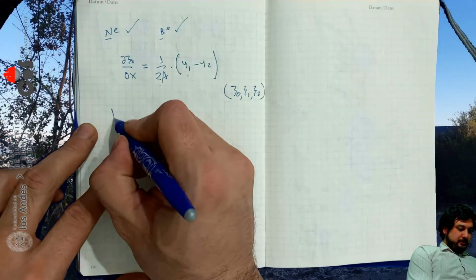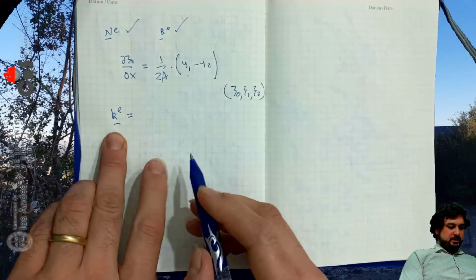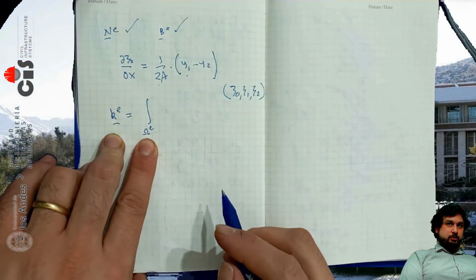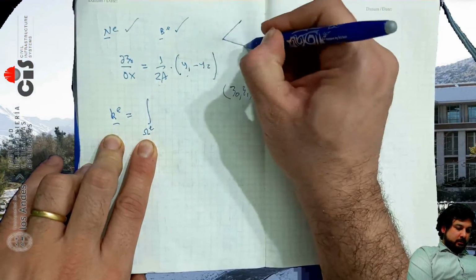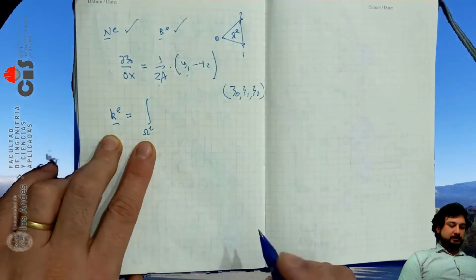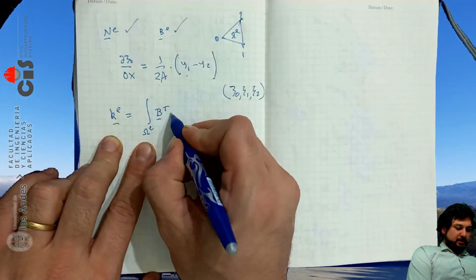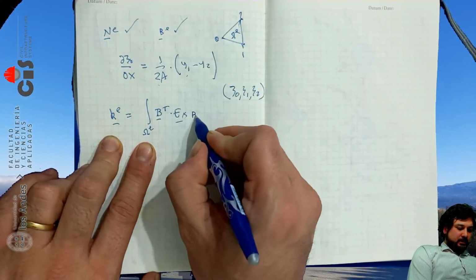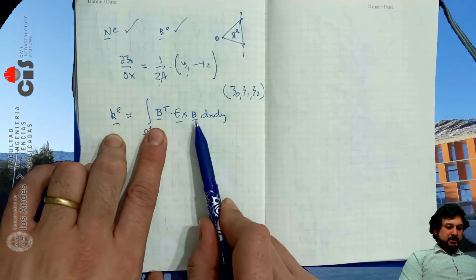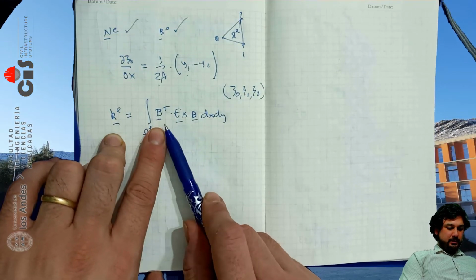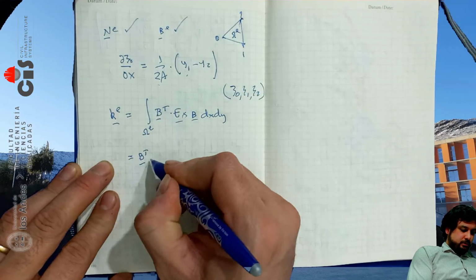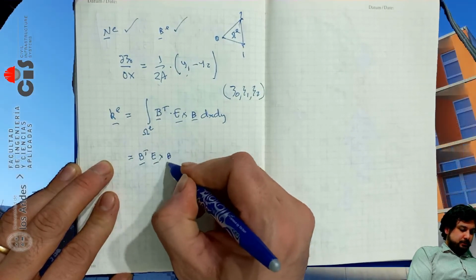So that's cool, because when we compute the stiffness matrix, it's going to be the integral over the element domain, where the element domain is just the triangle, of B transpose E B dx dy. And now these B matrices do not depend on the position inside the element. Therefore, I can bring them out of the integral like so.